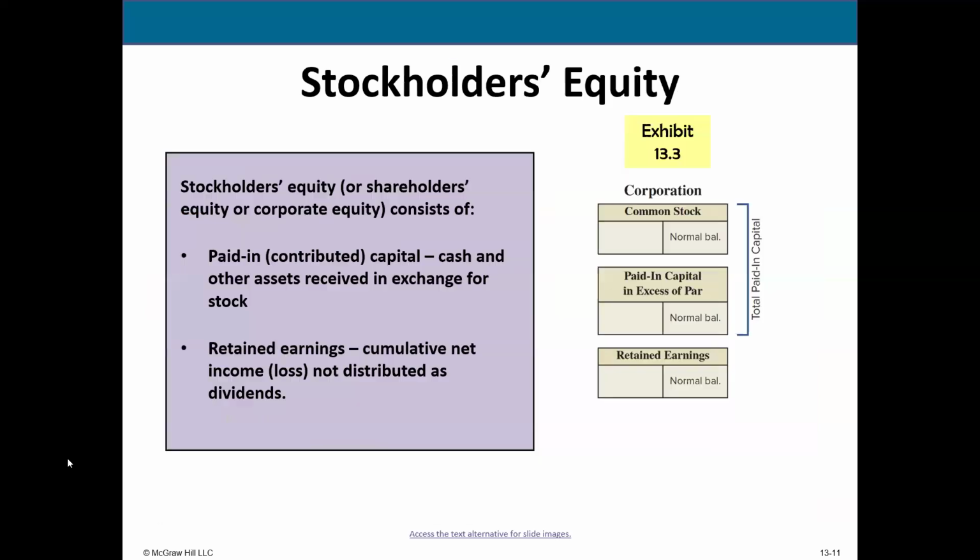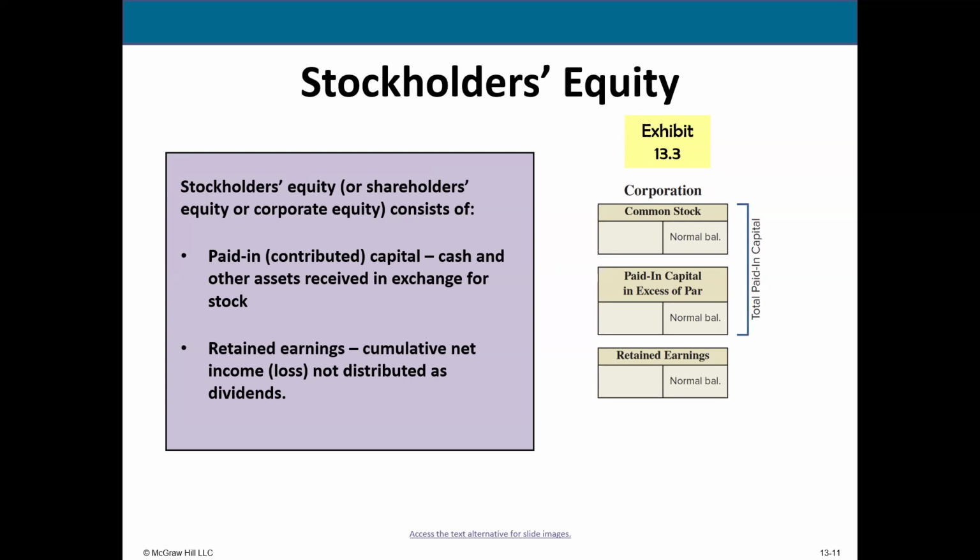So let's talk about how these shares of stock are accounted for by the company. On the balance sheet, you know that we have a list of all of our asset accounts, liability accounts, and equity accounts. On the equity side, this represents what the owners of the company own.